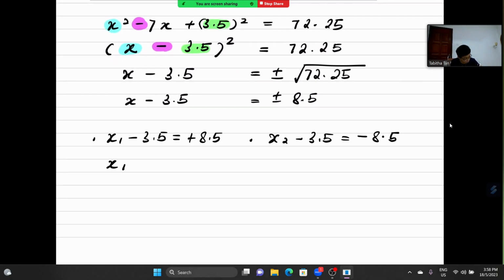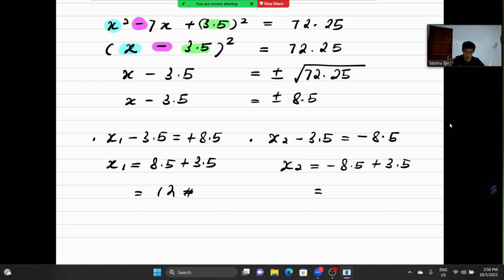Okay, 3.5 plus 3.5 both sides, and that equates us to 12. There we go. All right, so negative 8.5 plus 3.5 here, and you got that as negative 5. Okay, and there we go.